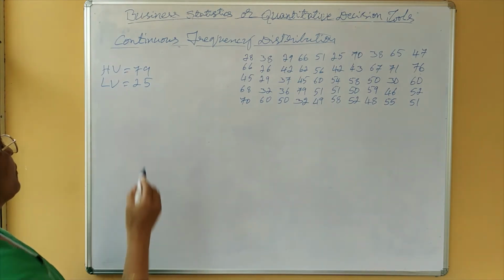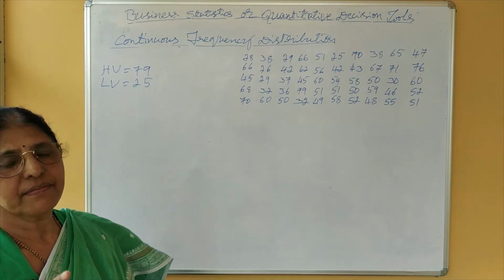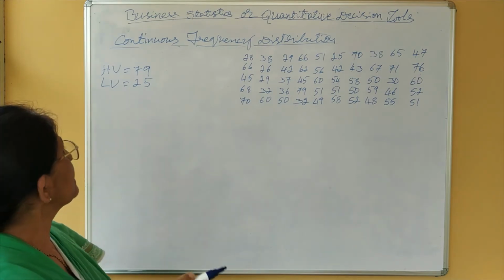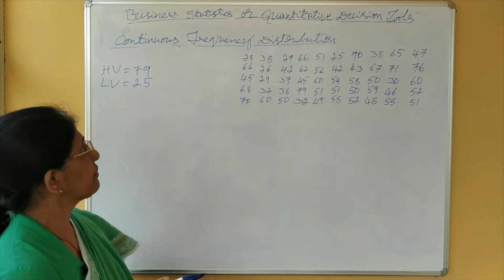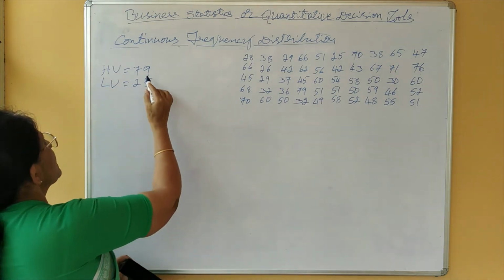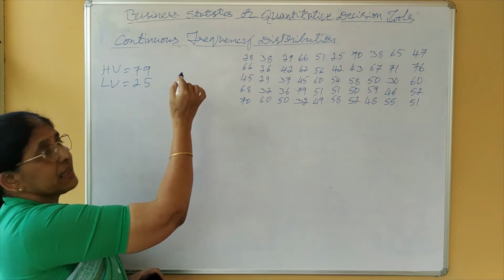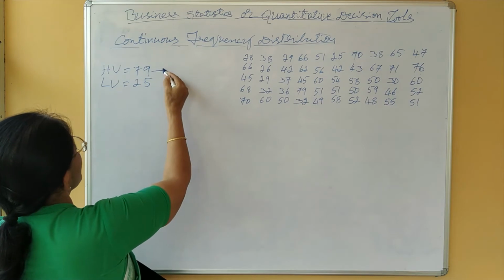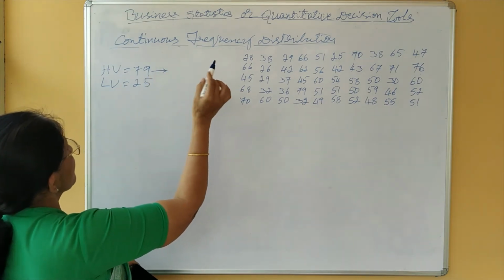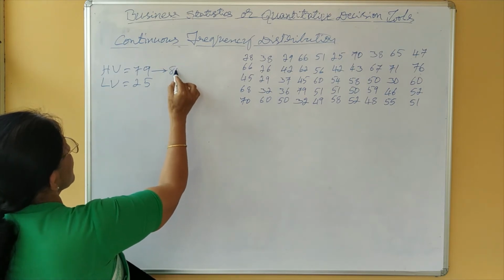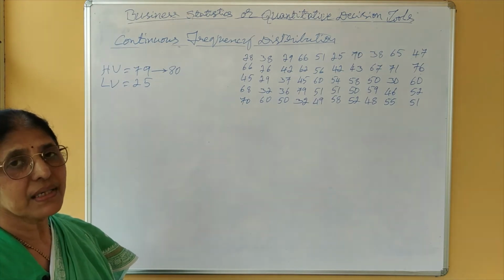Now what we have to do is, one of the principles of classification is class limits should be in multiples of 5 or 10. Therefore here when it is 79, it is not in multiples of 5 or 10. Therefore you have to take the rounded off figure. Here when it is highest value, you have to take the next value which is in multiples of 5 or 10.